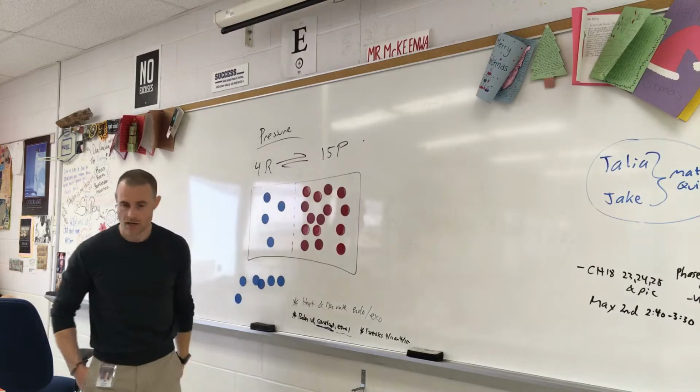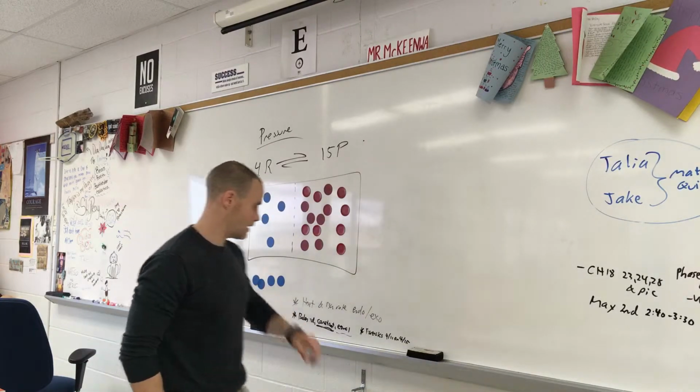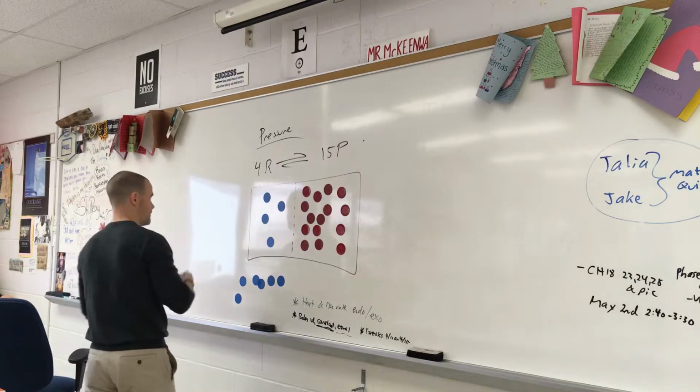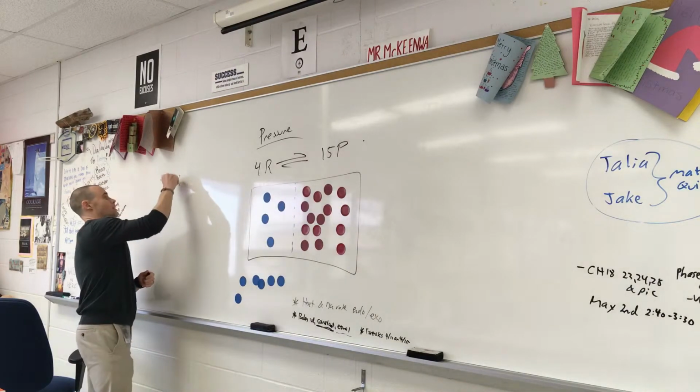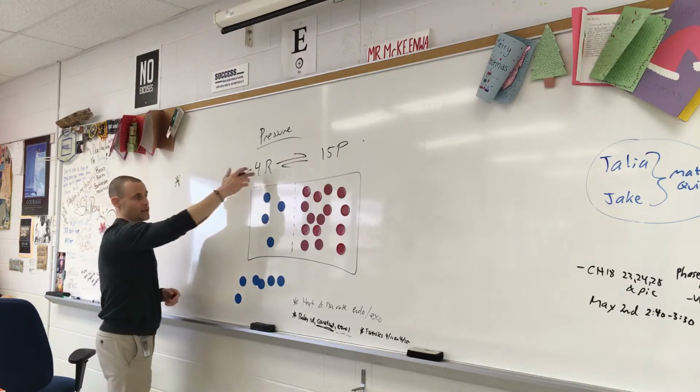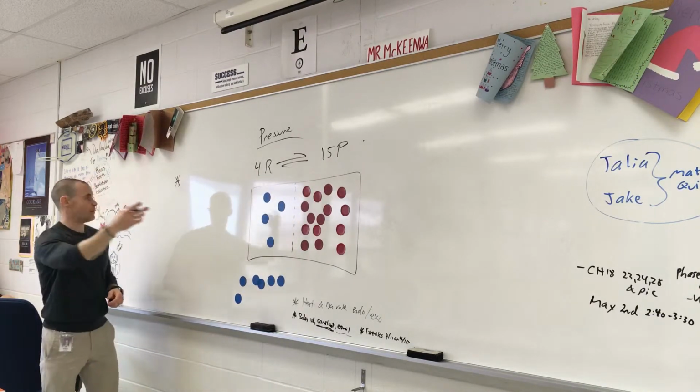We're going to write that down, then we'll do a practice problem, and then that's going to be about it. All right, so if we take this example here, and this is only gases, by the way. Gases feel pressure, liquids and solids don't.